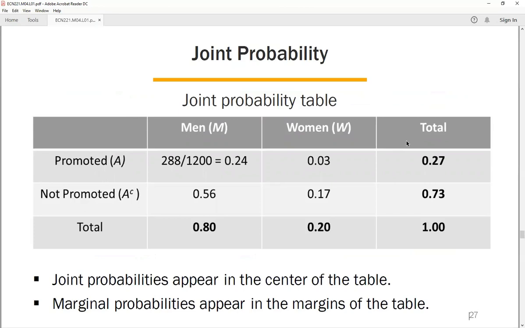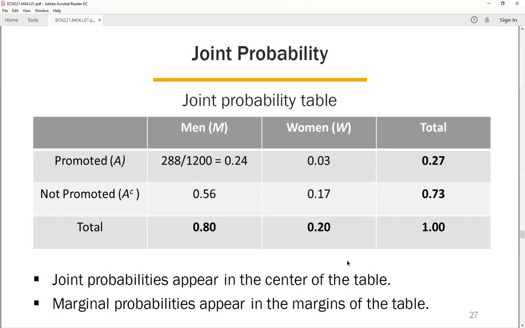The values inside the table, such as the 0.24, the 0.03, the 0.56, and the 0.17, those are called joint probabilities. While the values in the bottom row and the far right column with the headings total, so the values 0.8, 0.2, 0.27, and 0.73, those are what we call marginal probabilities, and they appear on the sides or margins.